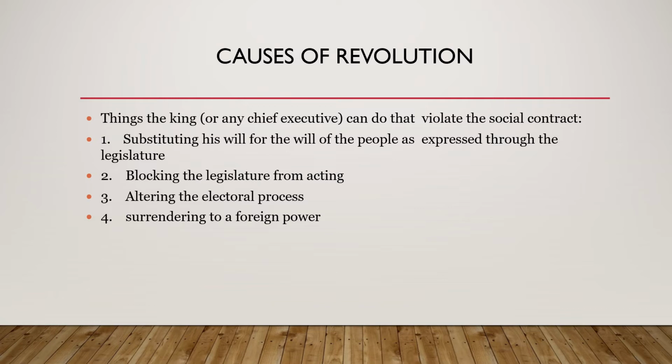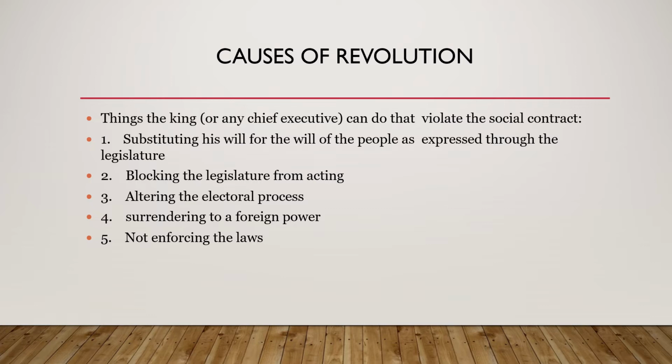Surrendering to a foreign power, of course, that's pretty obvious. If the chief executive attempts to give control of the civil society to somebody that wasn't chosen by the people, who they didn't contract with in that sense, then that would certainly be something that the people wouldn't have to just take lying down.